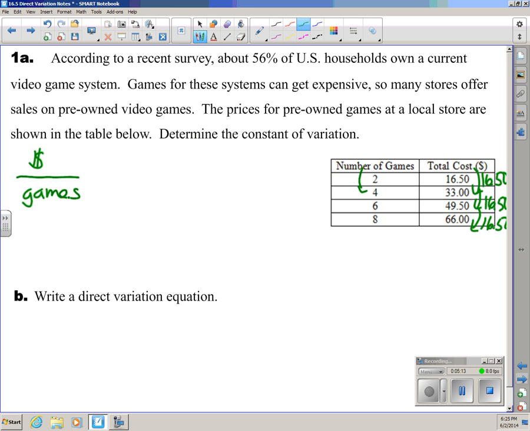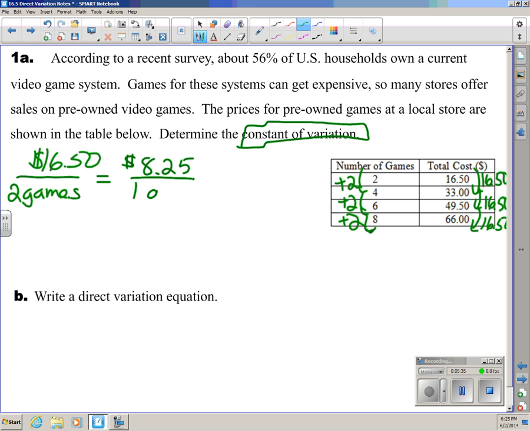And the games are increasing by 2 each time. So $16.50 for 2 games. If I want the constant of variation, I'm asking you for the cost of 1 game. So $8.25 for 1 game is the constant of variation. That's equivalent to the slope.